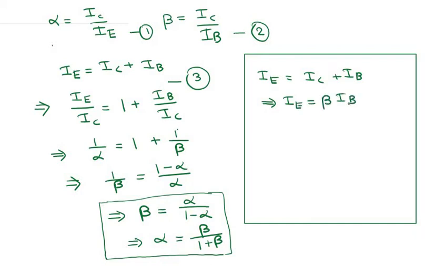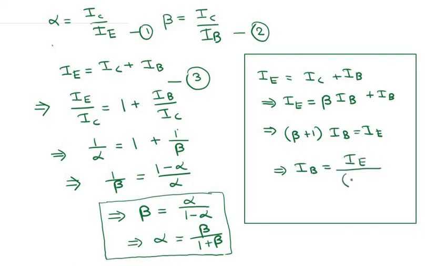This we have already written in this equation over here, that IC is equal to beta times IB, plus IB here. So beta plus 1 times IB is equal to IE, and so IB is equal to IE divided by beta plus 1.